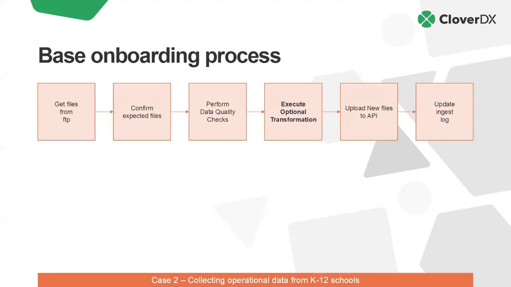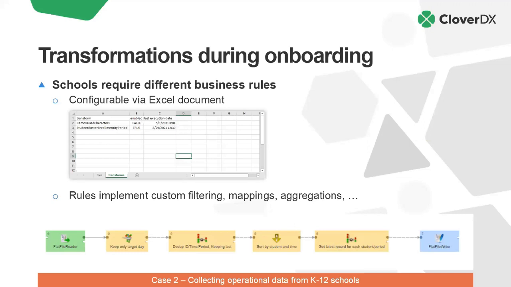So we need to be able to execute them based on the school, understanding school A's process looks like this, and there's this transformation. School B's process looks like this, and we need to transform fields 5, 6, and 7. At the end, we're going to upload these new files to an API, updating an ingest log along the way. So the nuances need to be built in for all these different schools. How do we do this?